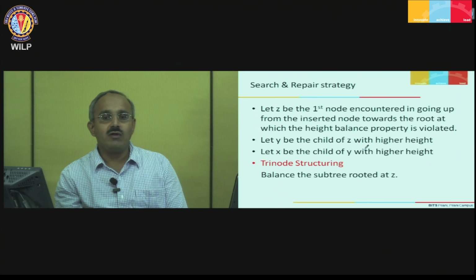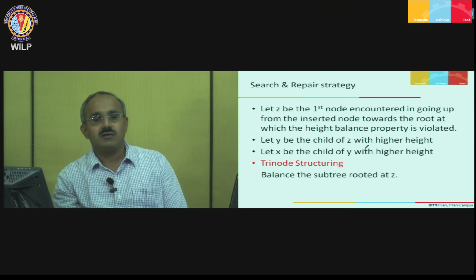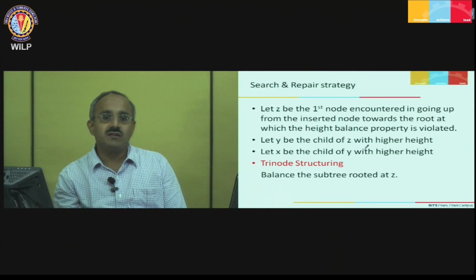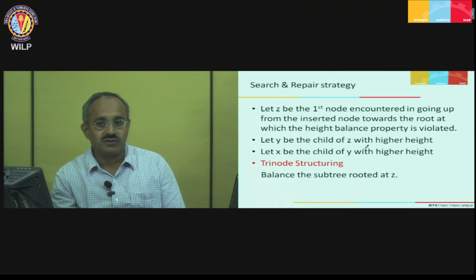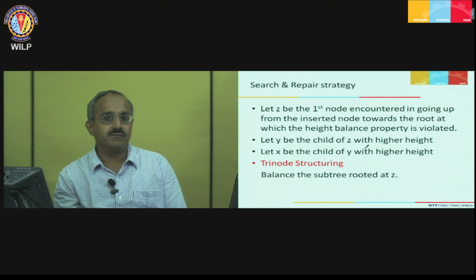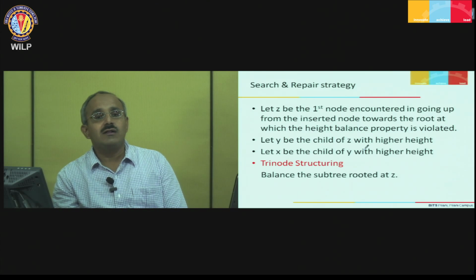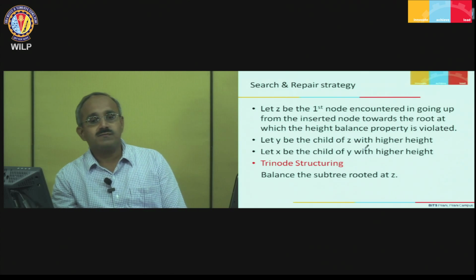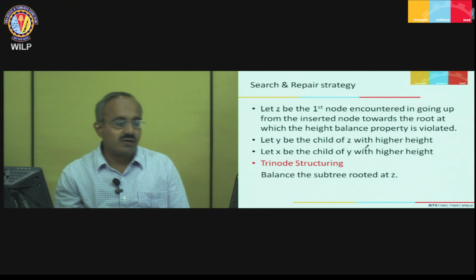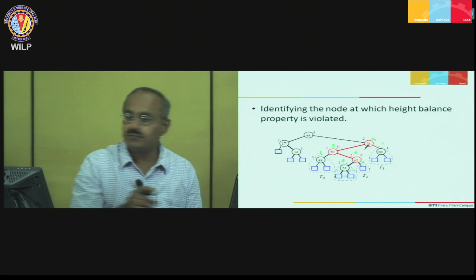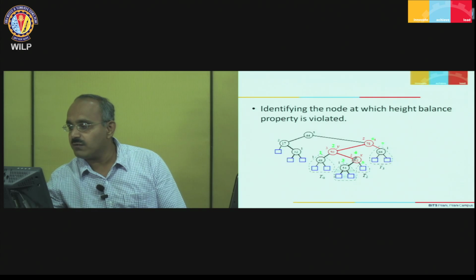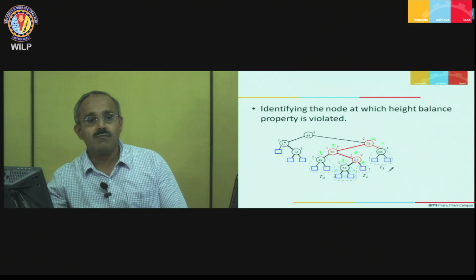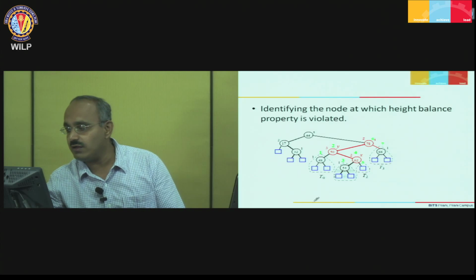This is going to be called tri-node restructuring, because we have 3 nodes that are going to be involved in our restructuring, that is X, Y, Z. And also in our restructuring, the subtrees rooted at X, Y, Z are going to be important when we restructure our AVL tree. Those have also been identified here, correct.